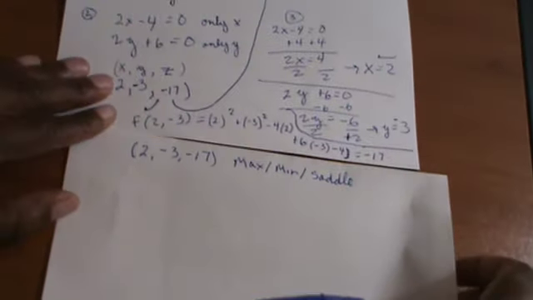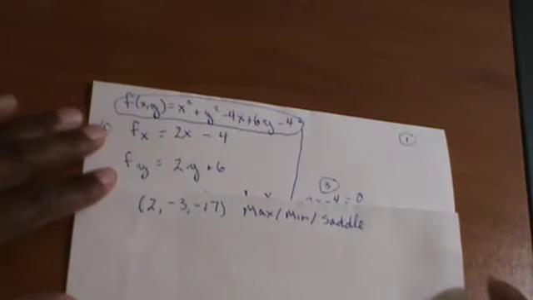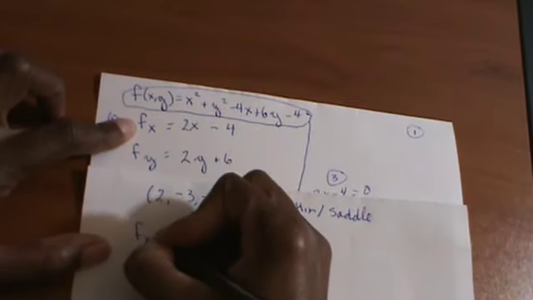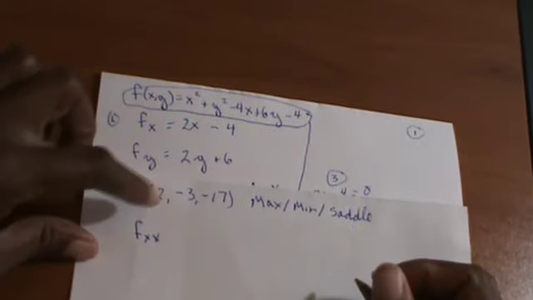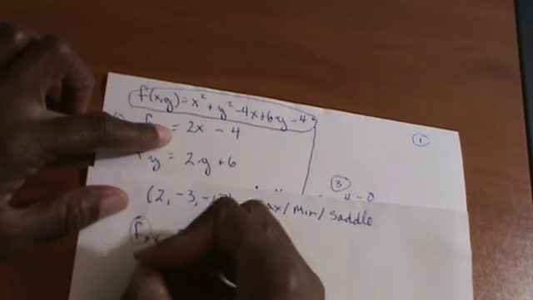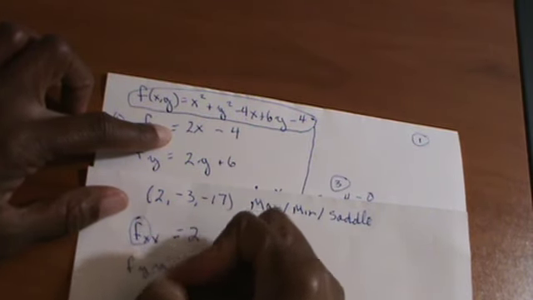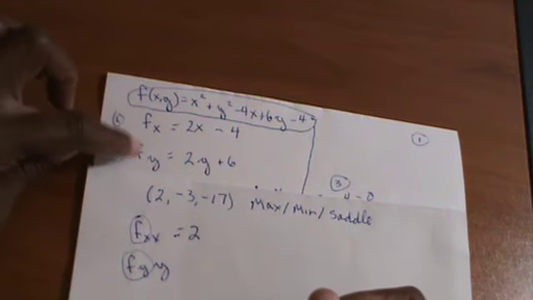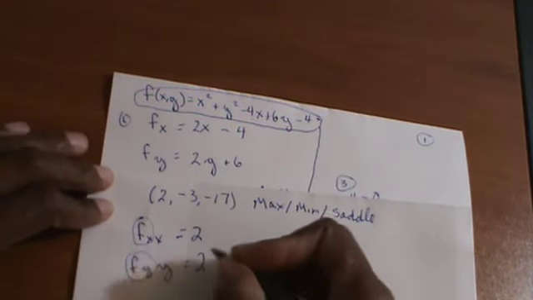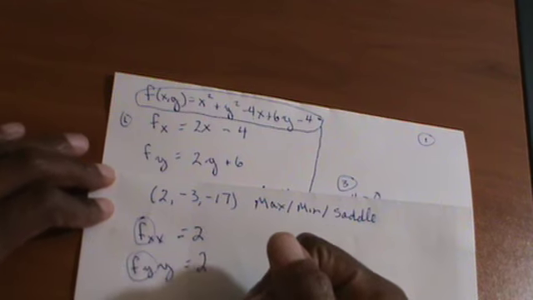All right. So let me go back up here. Here's f sub x. Let me find fxx. So fxx says go to f sub x and take the derivative paying attention to the x's. So that's 2. Fyy says go to f sub y right here. Pay attention to the y's. So that also is 2. It's a coincidence that they are the same.